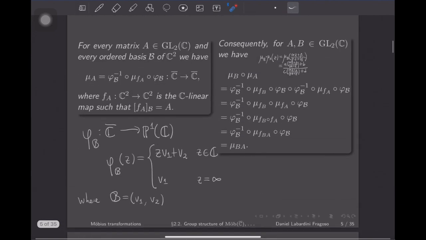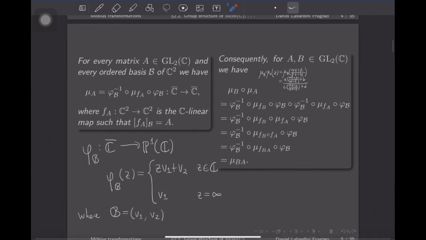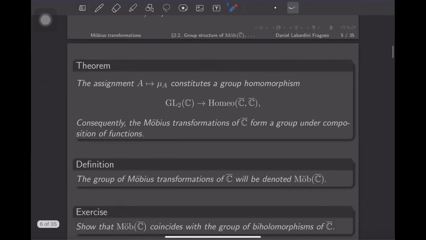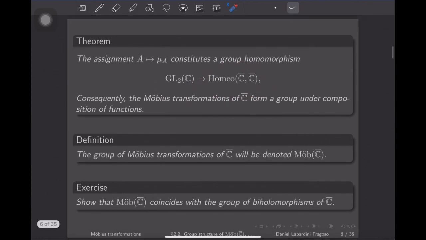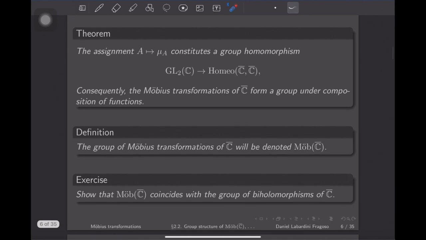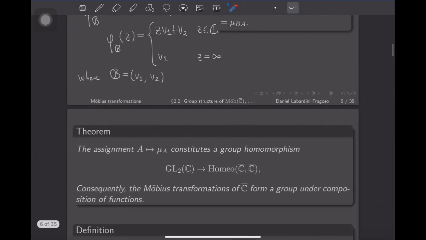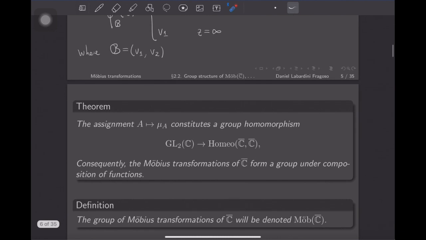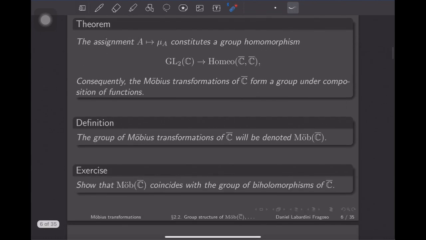And this automatically implies that I have a group homomorphism from GL2 of C to the group of bijective functions from C bar to C bar, the self homeomorphisms, and one would have to check continuity. Continuity I leave as an exercise.